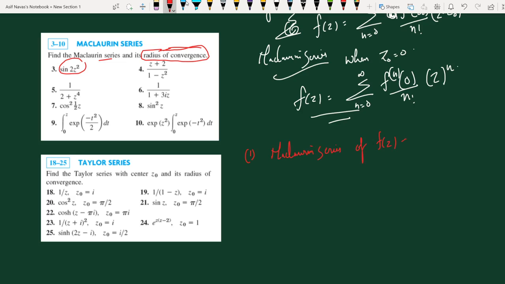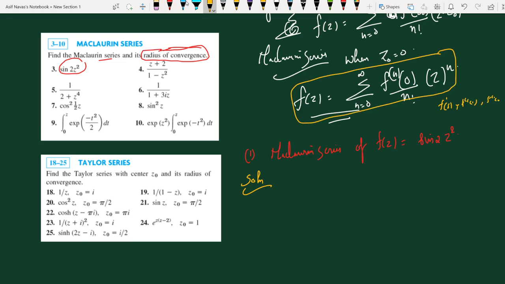So first question, we have to find Maclaurin series of f of z is equal to sin 2z square. So for this, one method is we have to find out f of 0, f dash of 0, f double dash of 0, etc., and we will substitute in this formula.